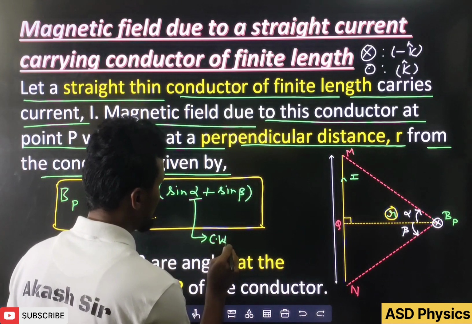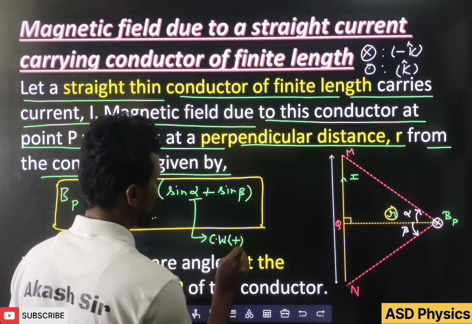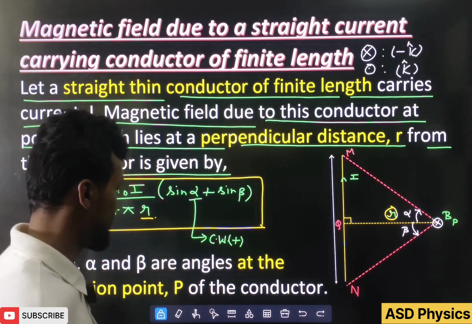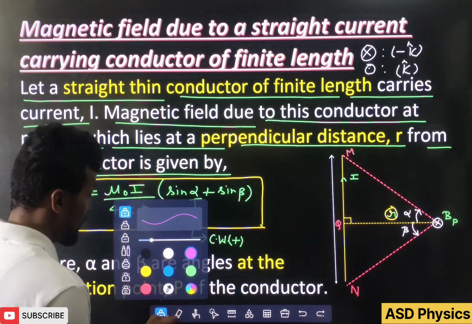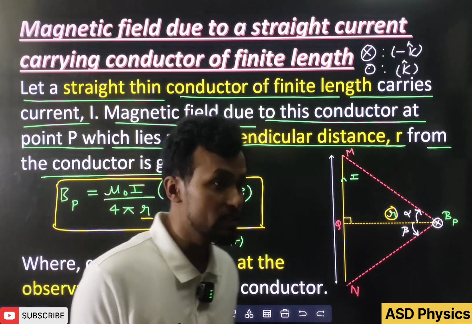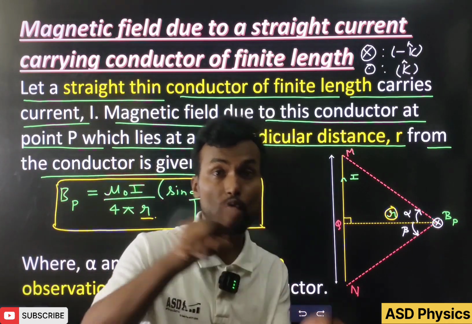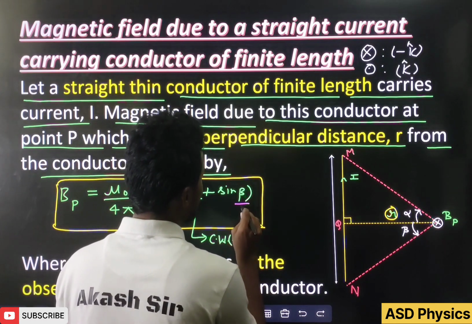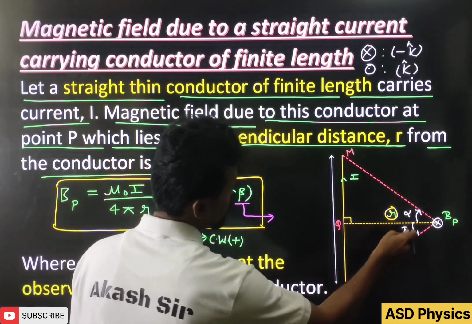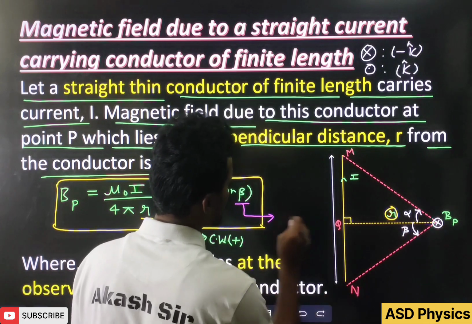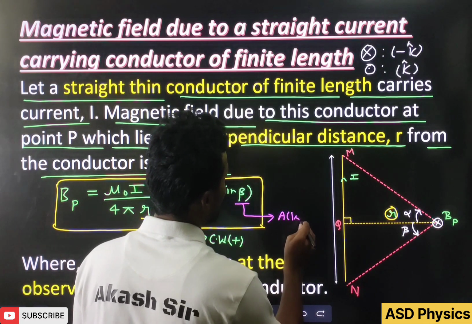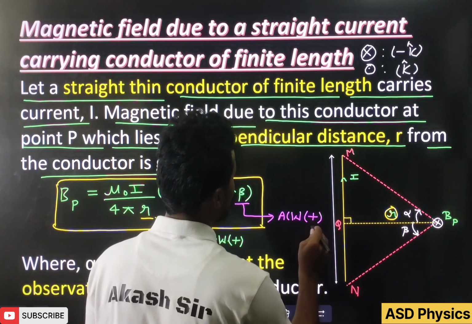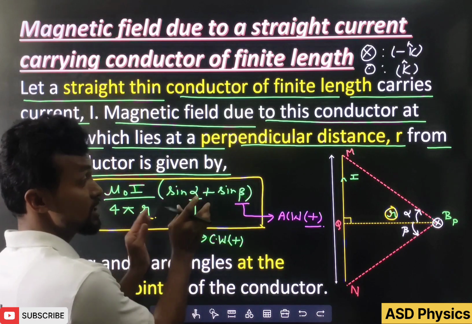So remember that when it is clockwise, then only it will be taken as negative, because angle is a vector quantity. Directions can also be there, anti-clockwise, clockwise. And if I talk about this beta, how we have taken it, this beta is anti-clockwise. So whenever it is anti-clockwise, that time only we will take it as positive to apply this formula.